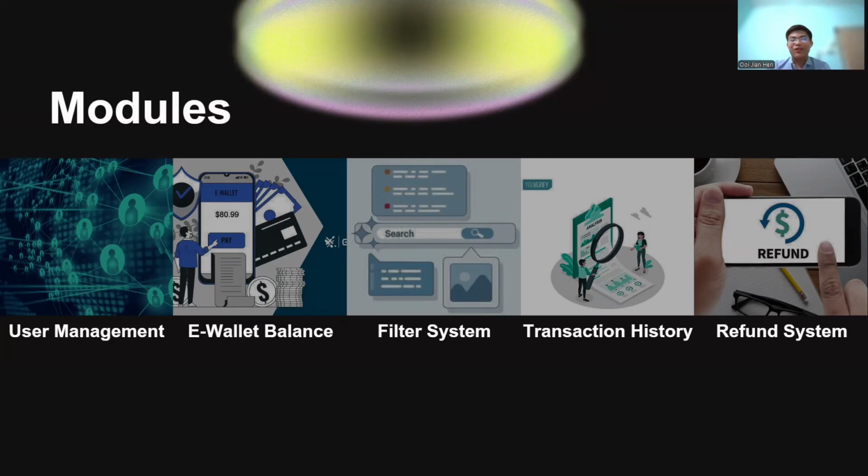And then for the transaction history, the staff and the vendor can view their transaction history, and there is the refund system. This is the main part of our project. For the refund system, if the staff want to refund something, they can enter the transaction and request a refund.